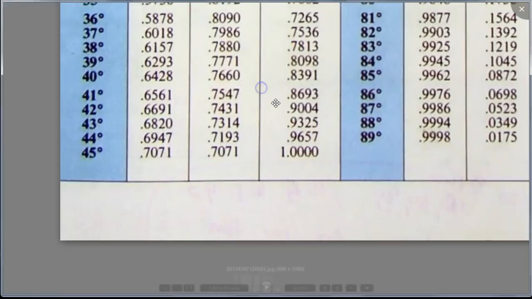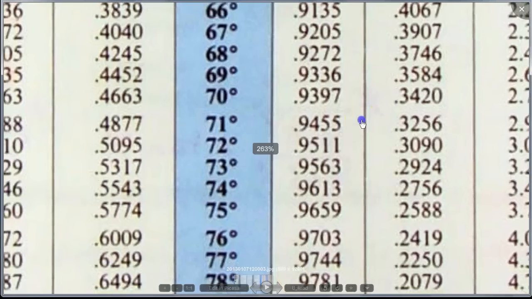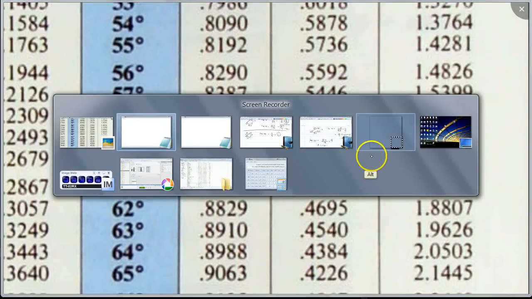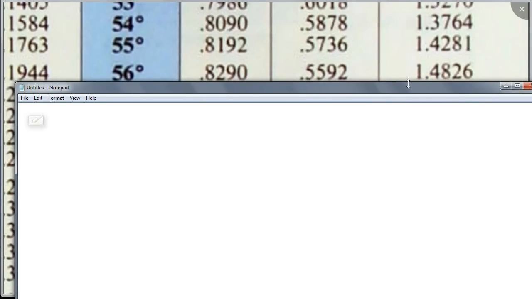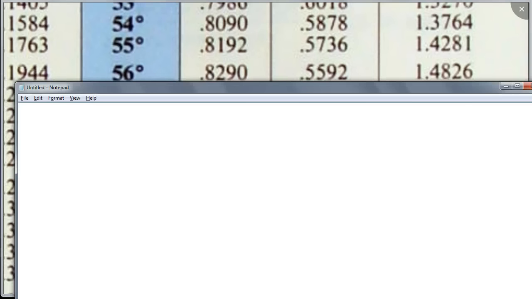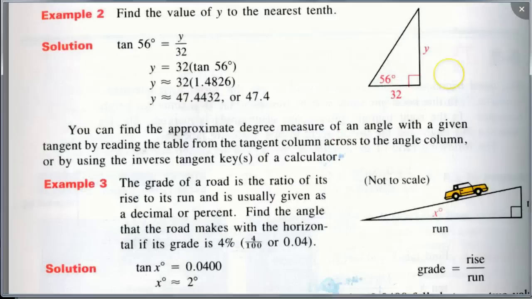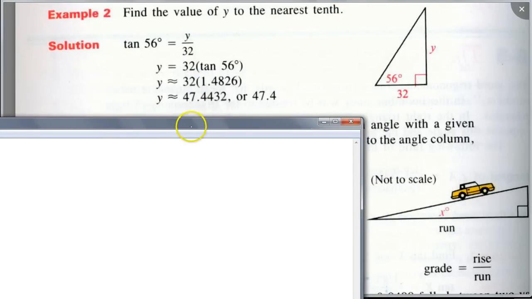Where is that? Oh, right here. My bad. So we need 1.4826. Correct? So 32 times 1.4826. It's not 32 degrees, it's 56. So, by the way, there's your answer.